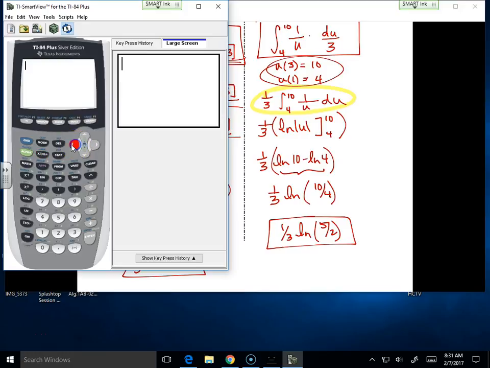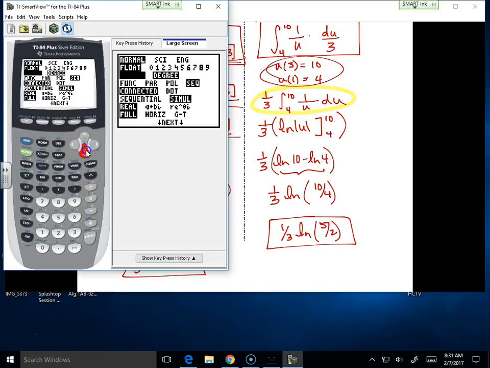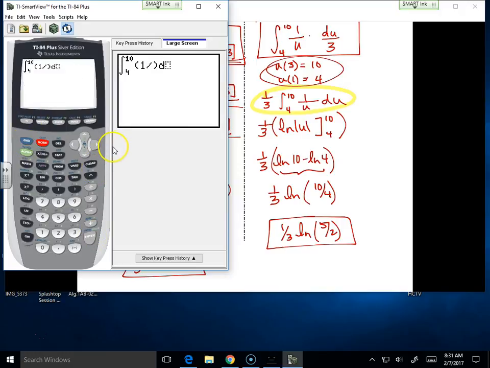oh, I'm in the wrong mode. You do 1 over n, that doesn't help. Sorry, I'm in Calc BC mode. Function. Make sure you do your 1/3 times. Since I'm back there, let me go ahead and do that 1/3 real fast. Second insert. 1 divided by 3. You can use your fraction if you want.